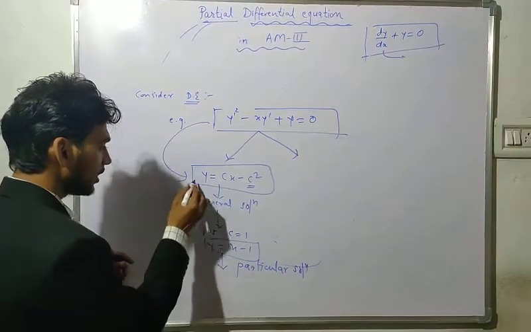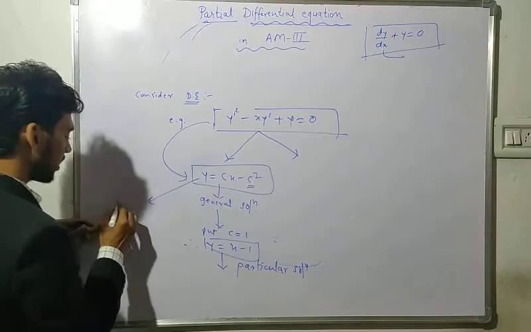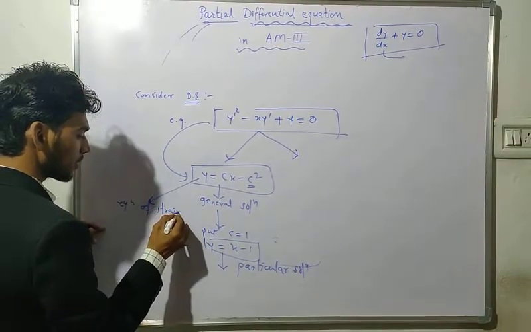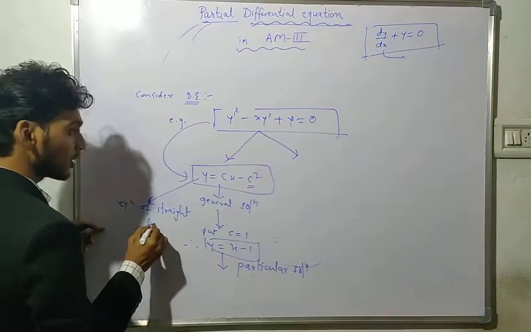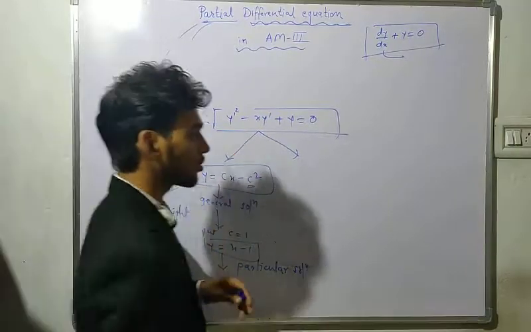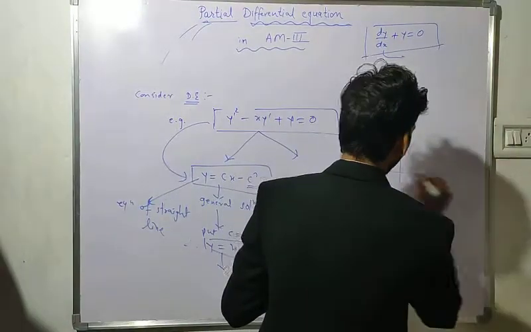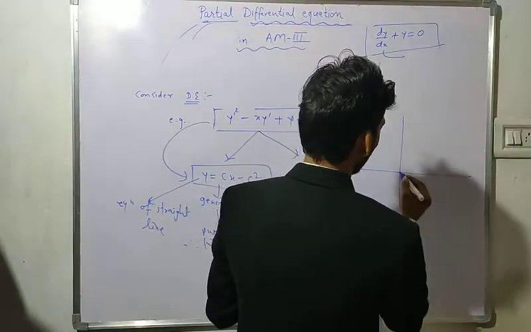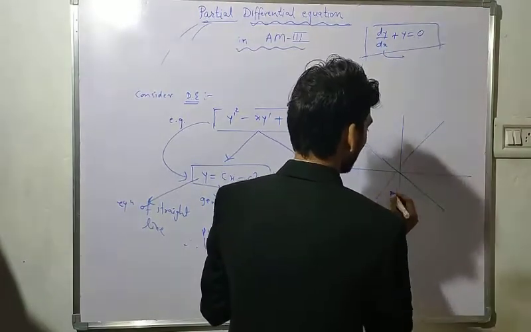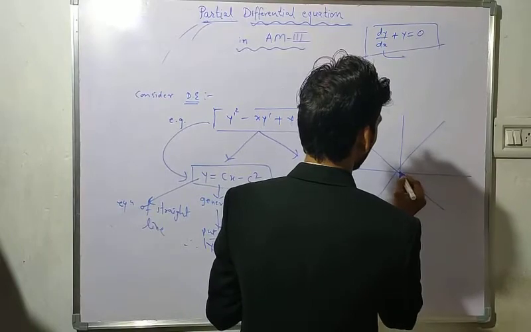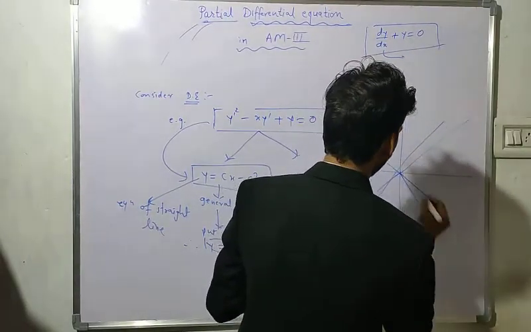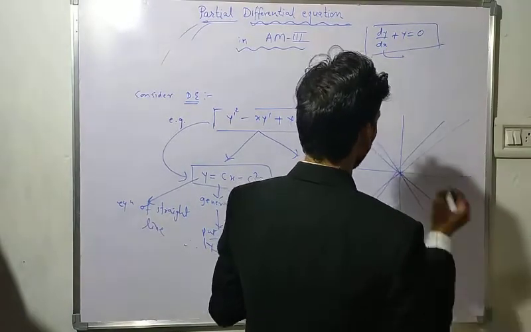And this is the equation of a straight line. So this is the differential equation, and the solution is a straight line. It may be here, here, here, and so on.